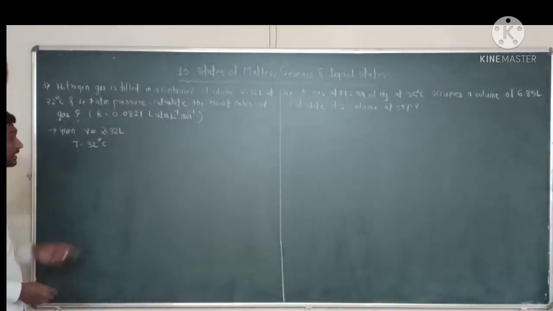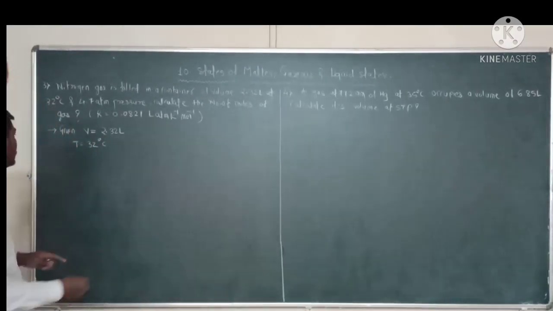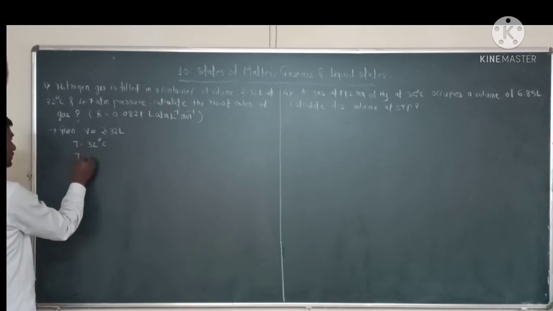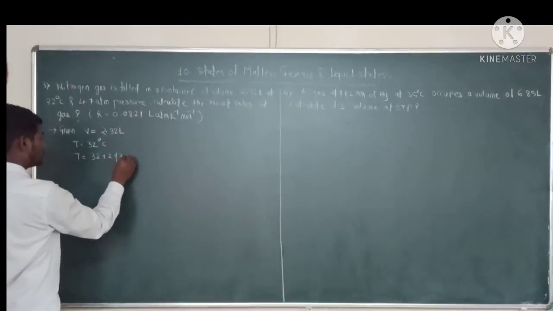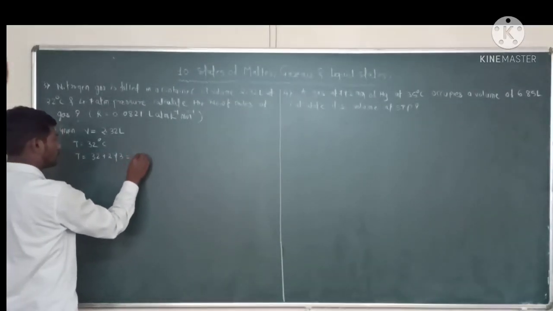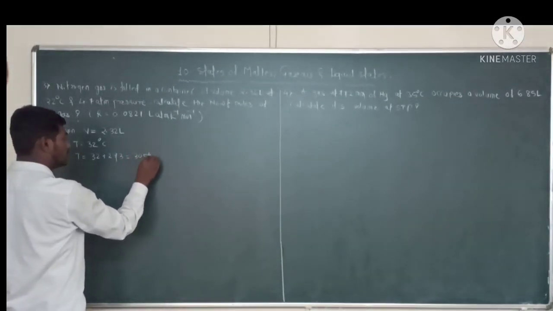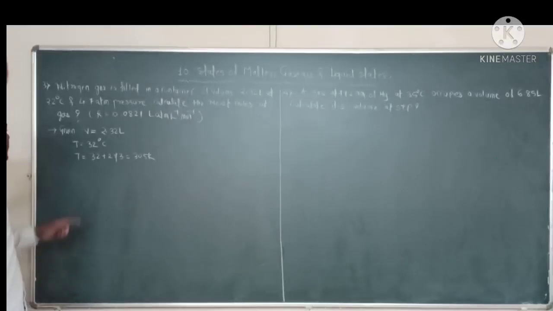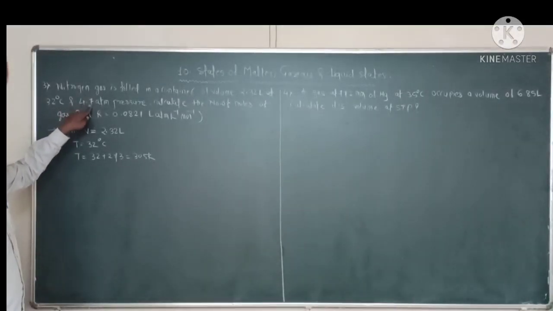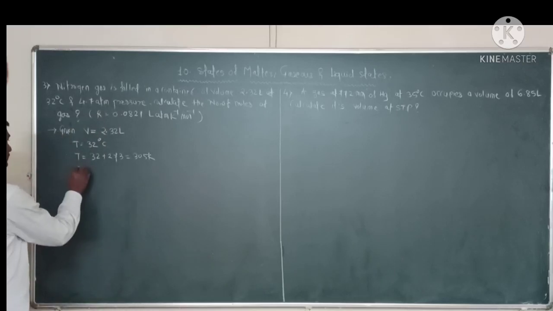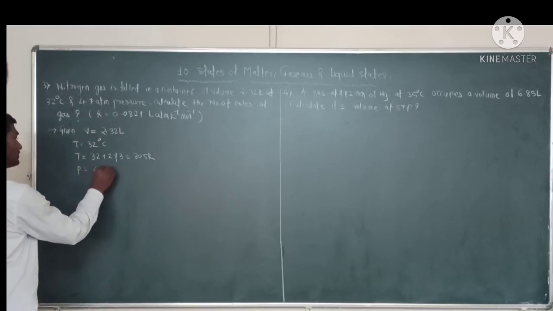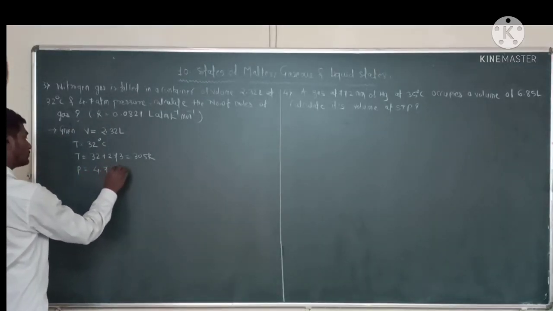Convert this 32 degrees Celsius into Kelvin, that is T is equal to 32 plus 273, which is equal to 305 Kelvin. Okay. And 4.7 atmospheric pressure, that is P is equal to 4.7 atmosphere.